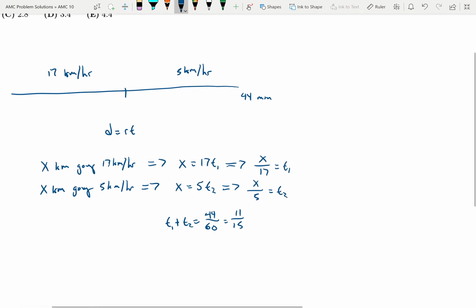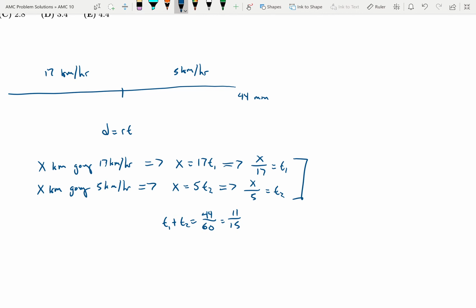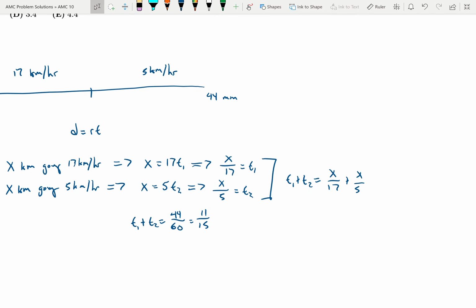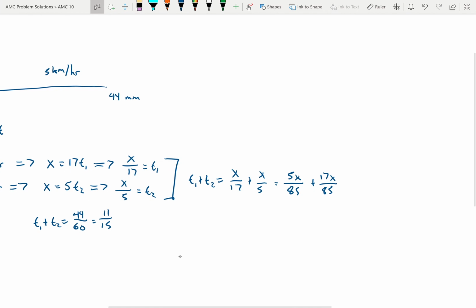So when I add t1 plus t2, that equals x over 17 plus x over 5. Since I want a common denominator, that's the same as 5x over 85 plus 17x over 85. So I have 22x over 85.